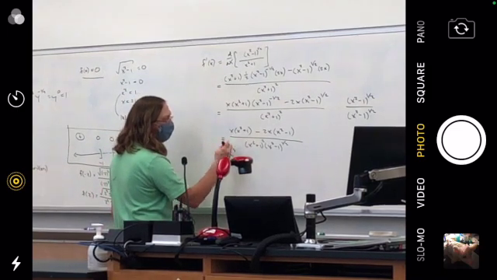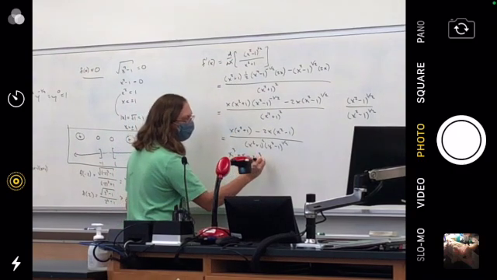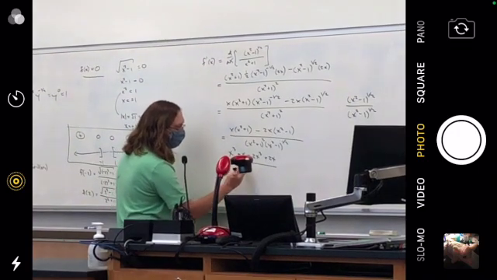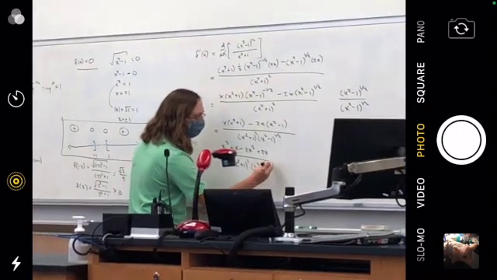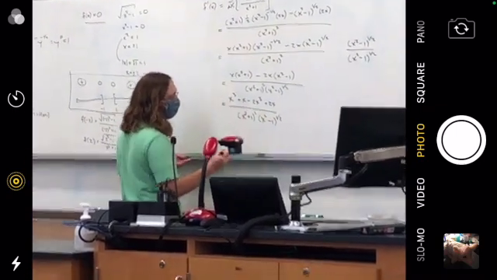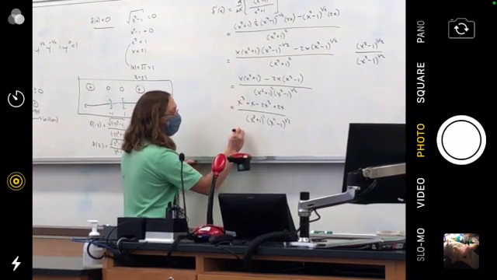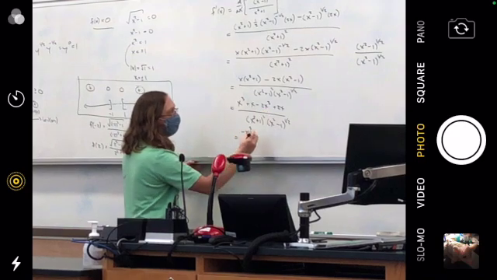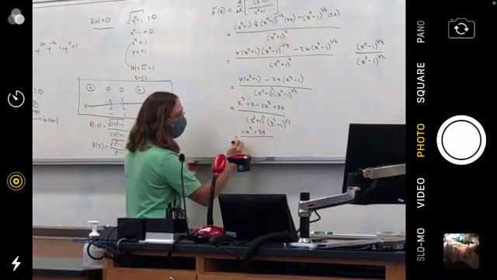This is now x cubed plus x minus 2x cubed plus 2x over all of this. So what do I get in the top? Negative x cubed plus 3x divided by this.